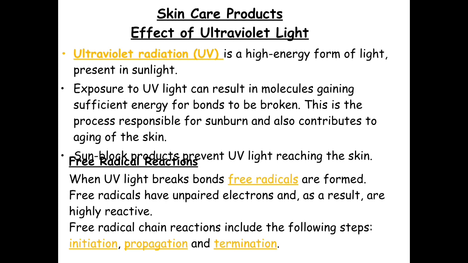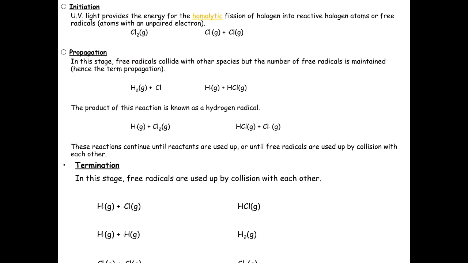Ultraviolet radiation can actually split apart molecules. This will leave you with two what's called free radicals. These are molecules with unpaired electrons. These themselves can instigate other free radicals. We have an initiation whereby the molecule is split by ultraviolet radiation.